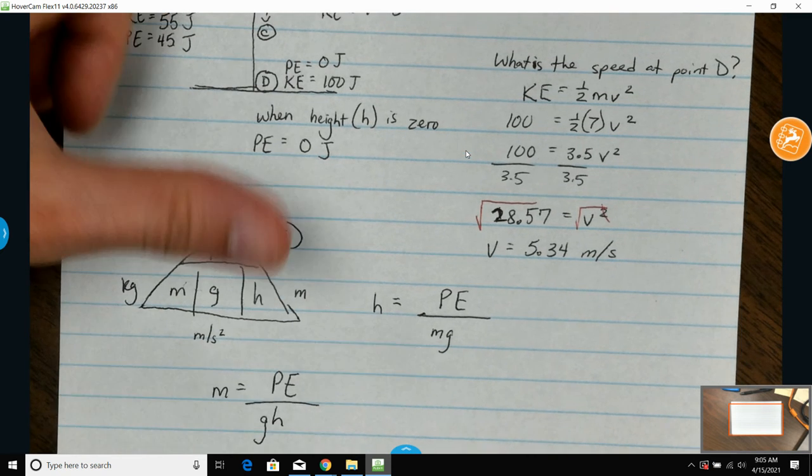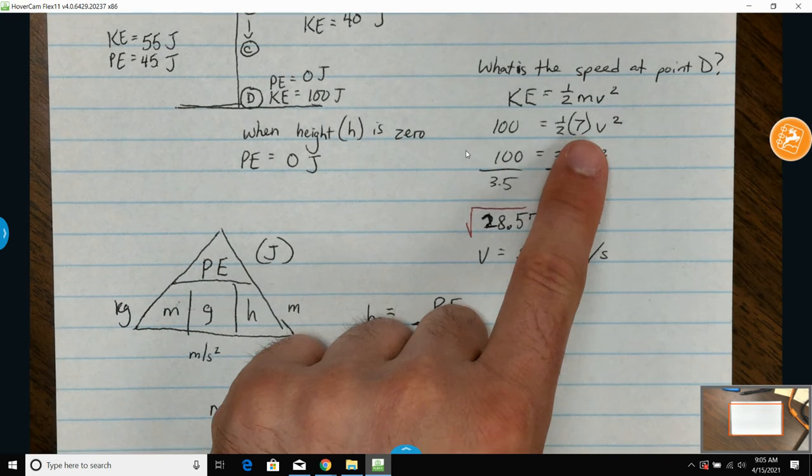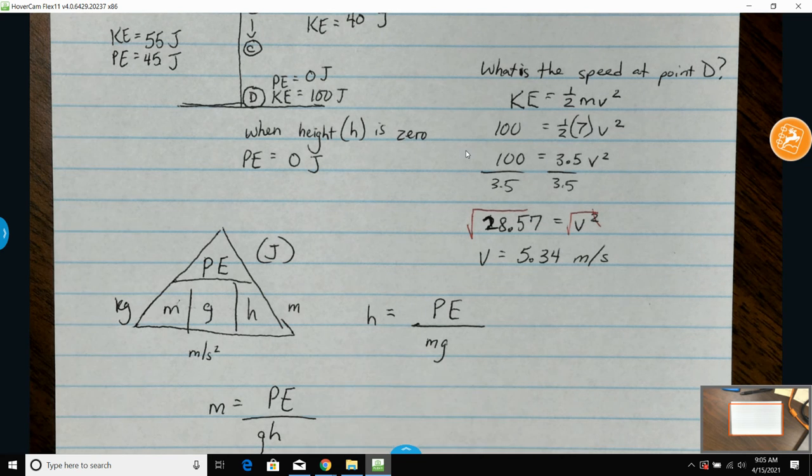Now, if you know what the speed is and the mass, and they want you to find kinetic energy, you would only square the speed, then multiply it by the mass, and then divide by 2, and boom, you have kinetic energy. And all energy is measured in joules.